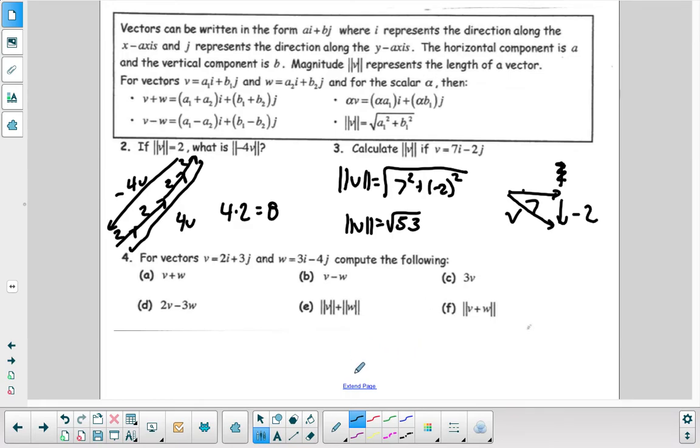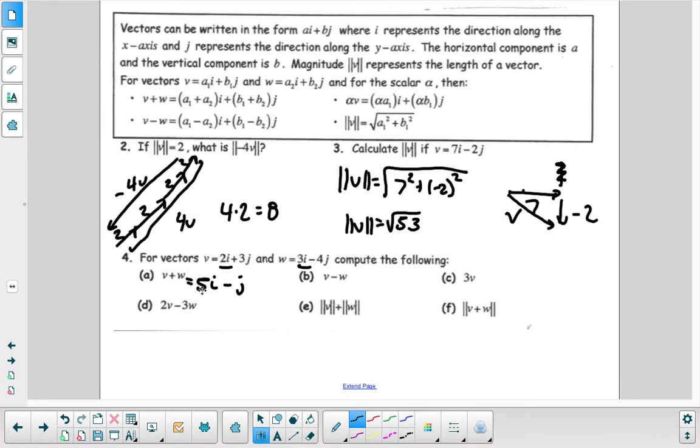Alright, so for these you are trying to figure out just what the value of these things. So v plus w, if v is 2i plus 3j, w is 3i minus 4j. If I'm adding those two, I'm going to take the i values and add them. So that's 5i. 3j plus negative 4j is negative j. And you're done.